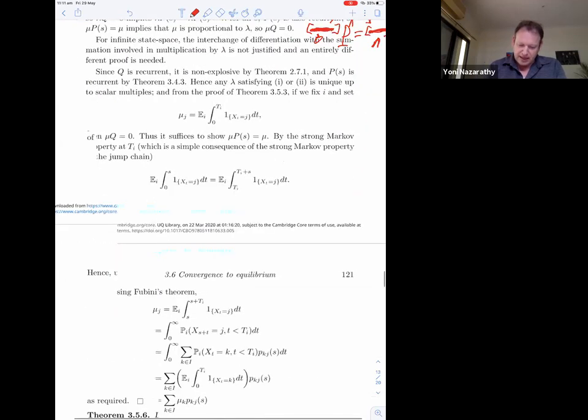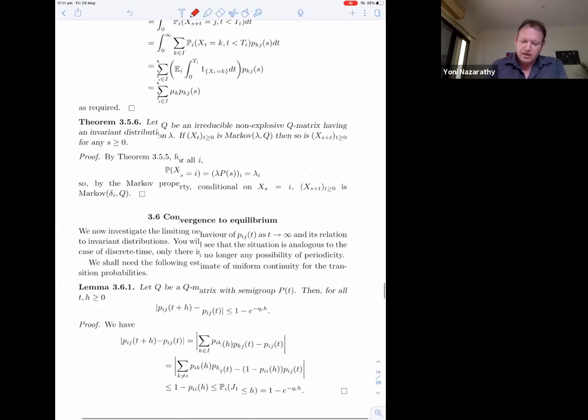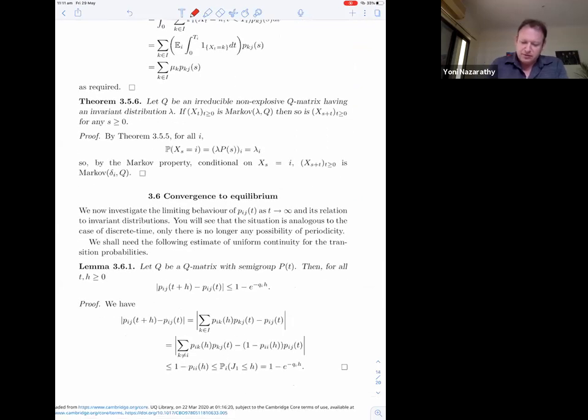And at last, Theorem 3.5.6: let Q be an irreducible non-explosive Q matrix having an invariant distribution lambda. We're not speaking about explosions here. If X_t is Markov lambda Q, so lambda is an invariant distribution and you start with probability distribution lambda, then after some time you get the same.